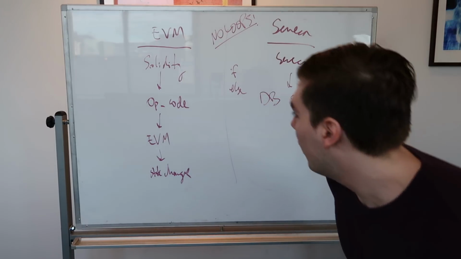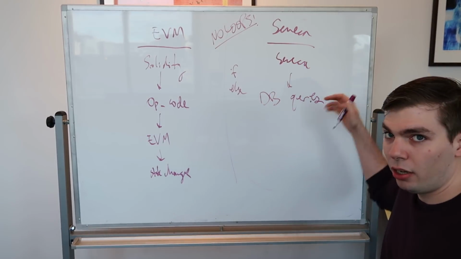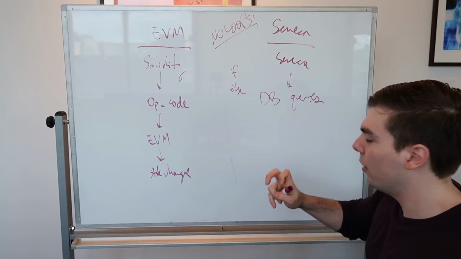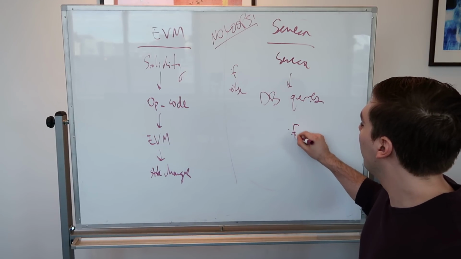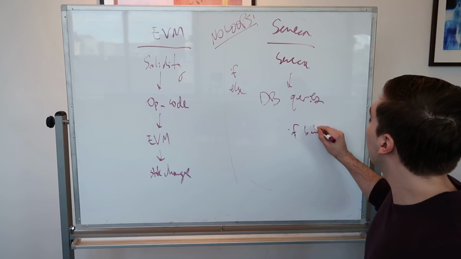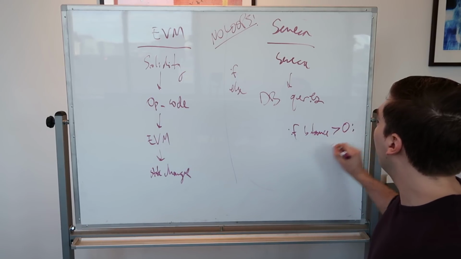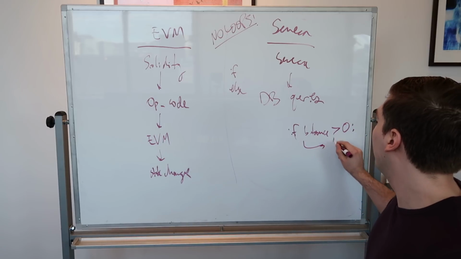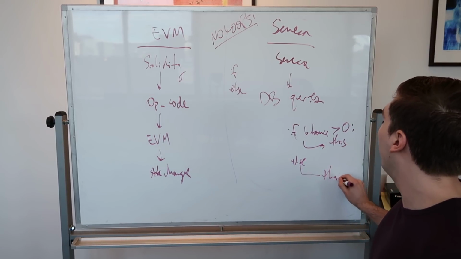And so what this does is when you're compiling or interpreting a contract, it could say if balance greater than 0, do this, else do that.